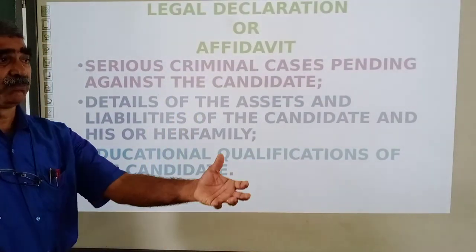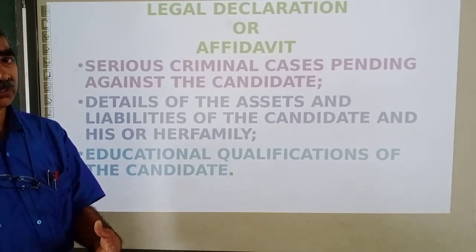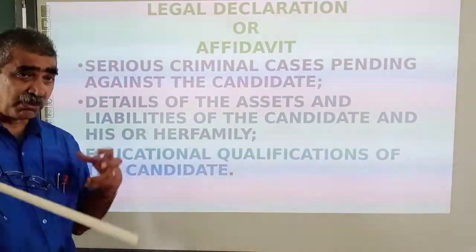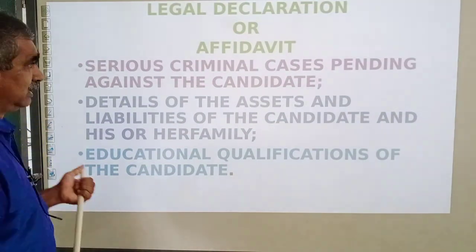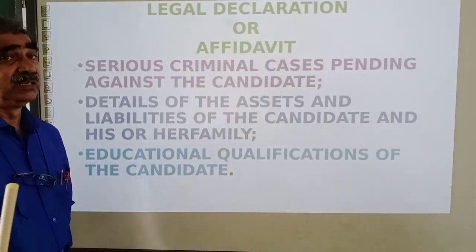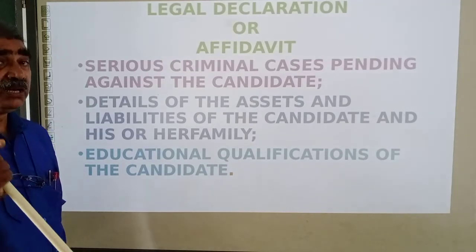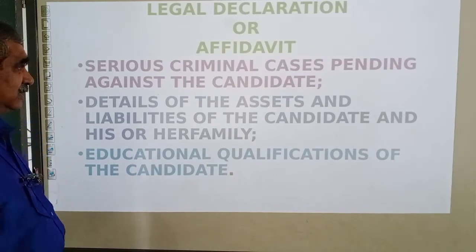If there is a property dispute with family members, that need not be shown. Criminal cases, such as attacking somebody, looting somebody's property, creating problems for others, are called criminal cases. Civil cases, no. So serious criminal cases in the court should be informed in the nomination paper when I give it, if I am a candidate and I have criminal cases.